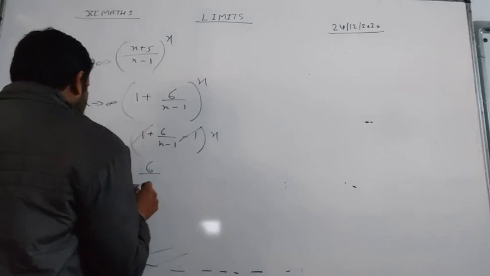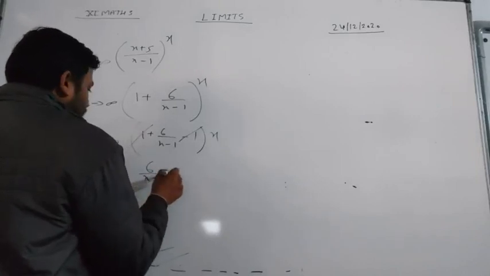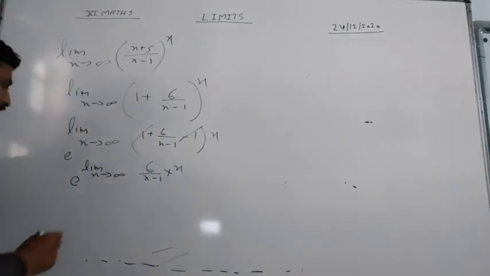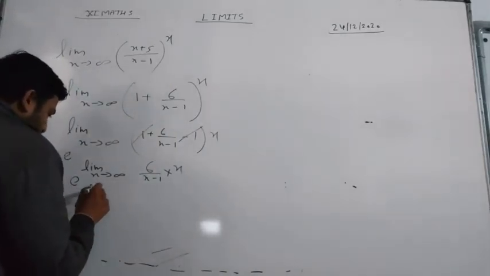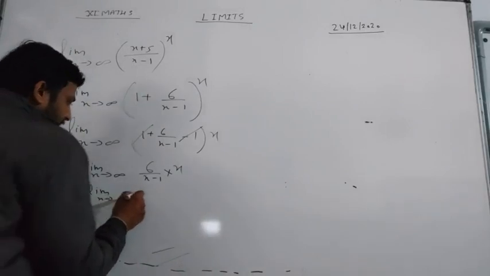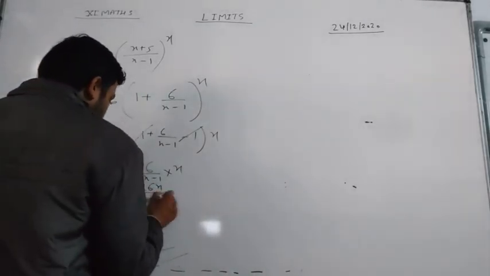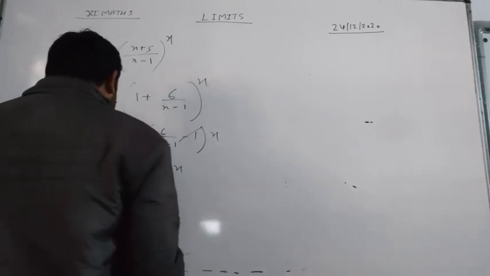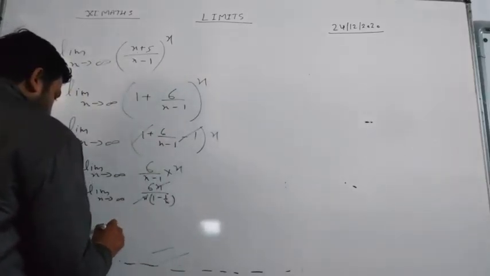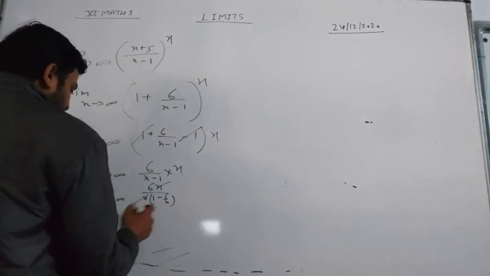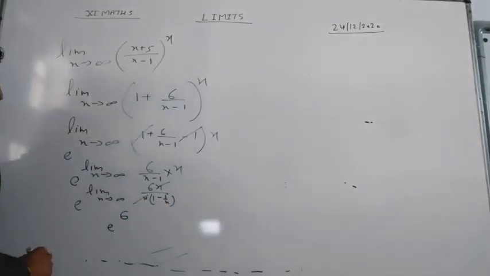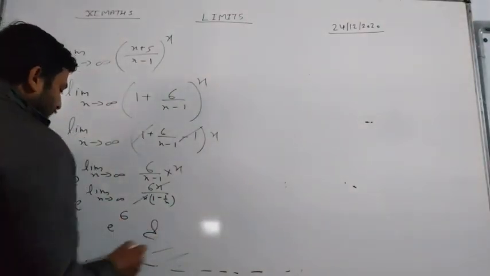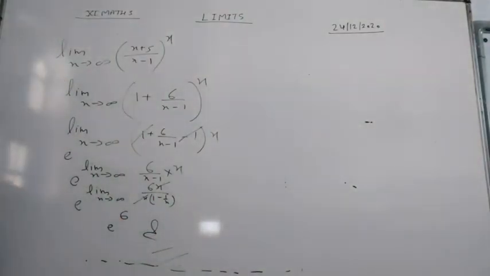We are getting 6 by x minus 1 into x. Okay, students. Now we take x common here, x and x will reduce, and now we put the limit. When we put the limit, we get 6 above just, and the remaining term will be 0, and here is 1. So the answer will be e to the power 6.